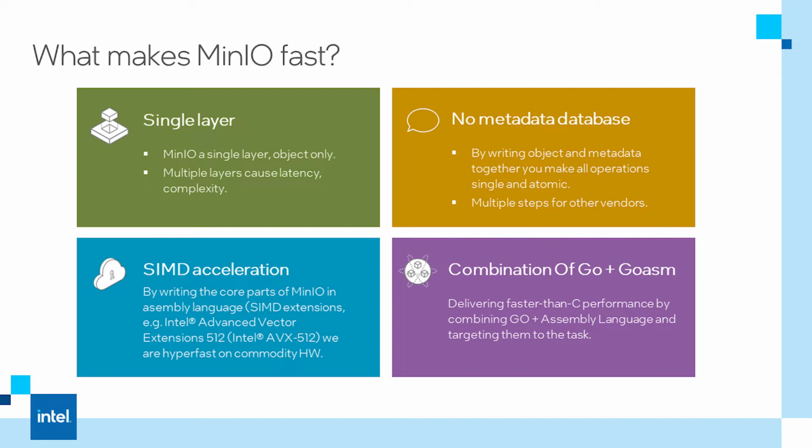MinIO is written in Golang, and it uses a number of foundational Golang libraries for crypto hashing, erasure coding, etc. The MinIO team has been collaborating very closely with the Golang and storage-focused software teams at Intel to optimize these foundational Go libraries.